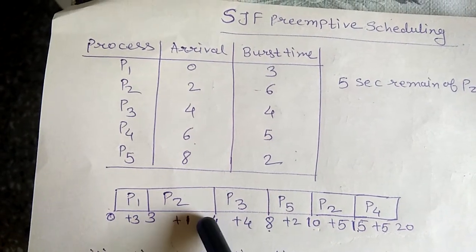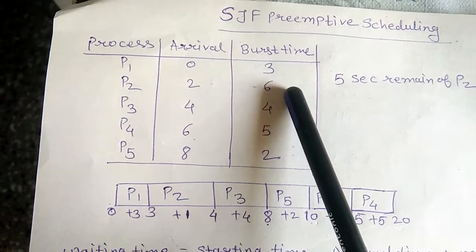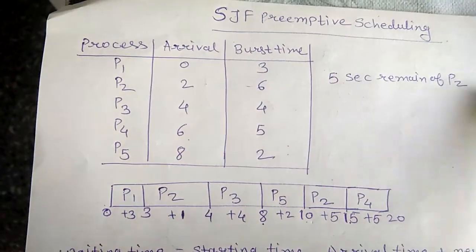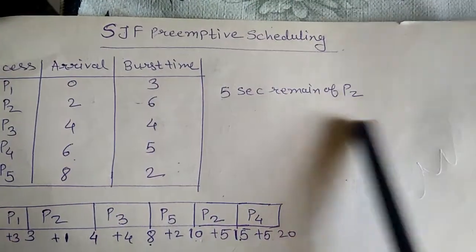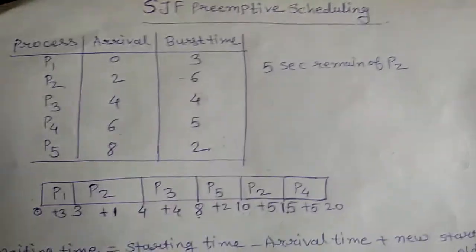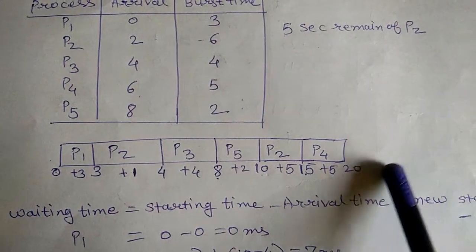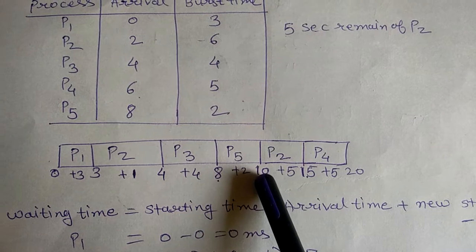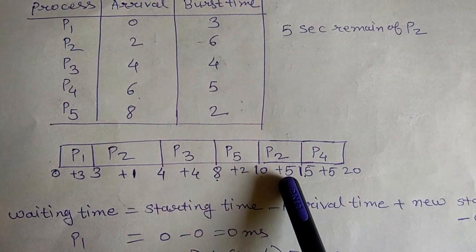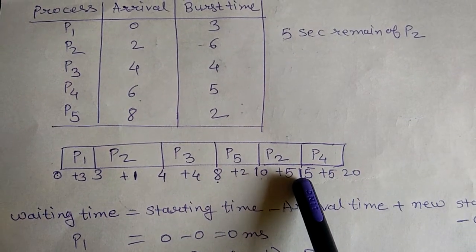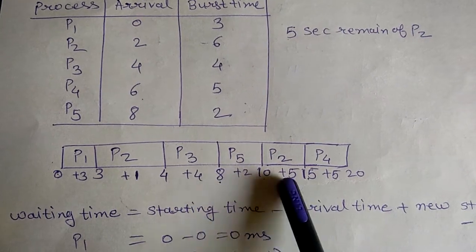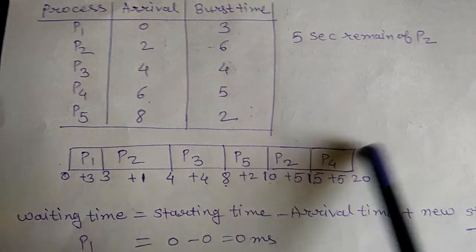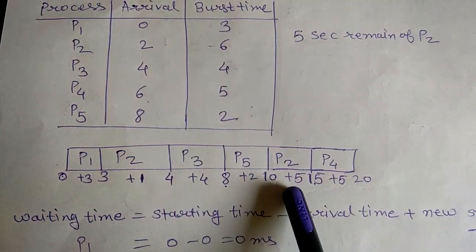But what about the rest of the 5 seconds? Those 5 seconds of process P2 are still pending. So process P2 will resume and complete its execution at the 15th second, right? So plus 5 will be added over here.